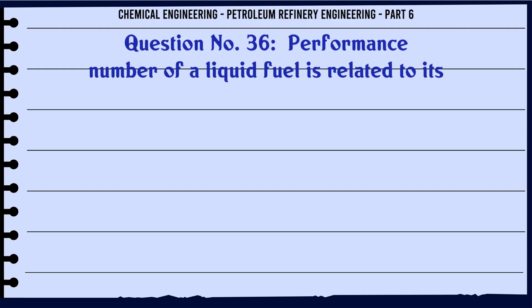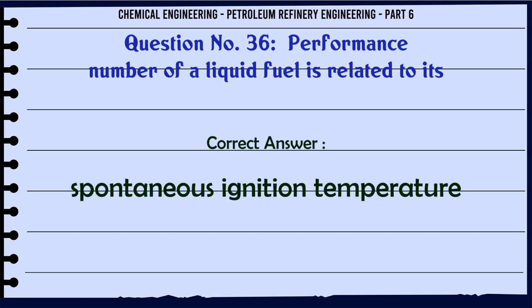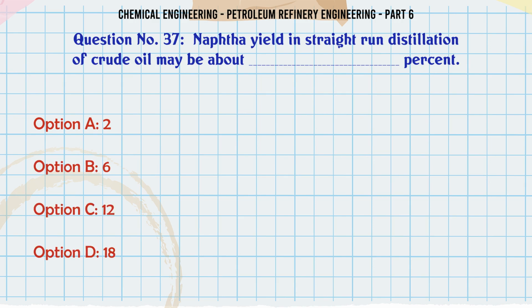Performance number of a liquid fuel is related to its A. wax content, B. spontaneous ignition temperature, C. knocking tendency, D. sulphur content. The correct answer is spontaneous ignition temperature. Naphtha yield in straight run distillation of crude oil may be about % . A. 2, B. 6, C. 12, D. 18.